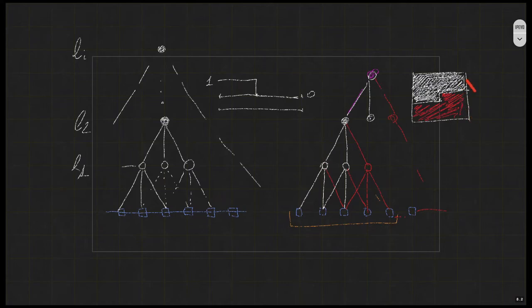We can take this mask and apply it to the weights of a two-dimensional convolutional neuron.